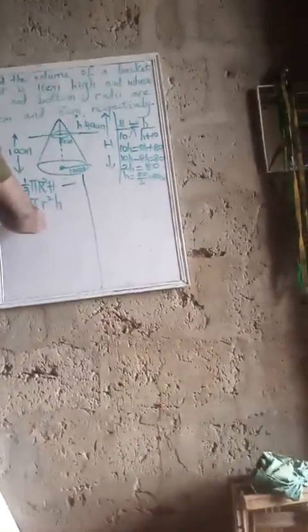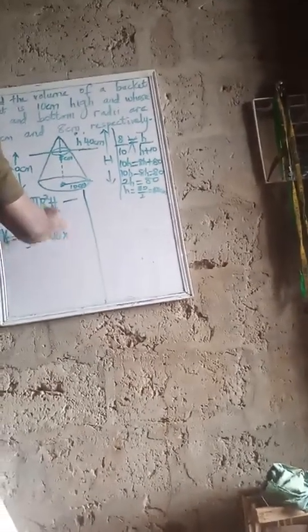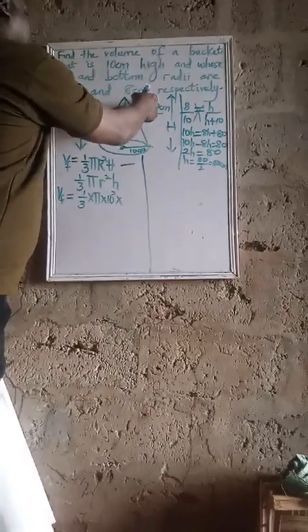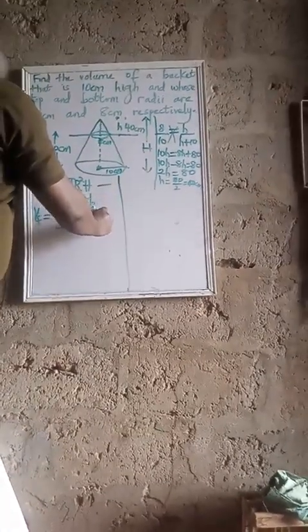So the volume of the frustum, or the volume of this bucket we want to find, is 1/3 times pi. I want to leave my answer in terms of pi. Then times 10 square times the total height, which is 40 plus 10, that is 50.